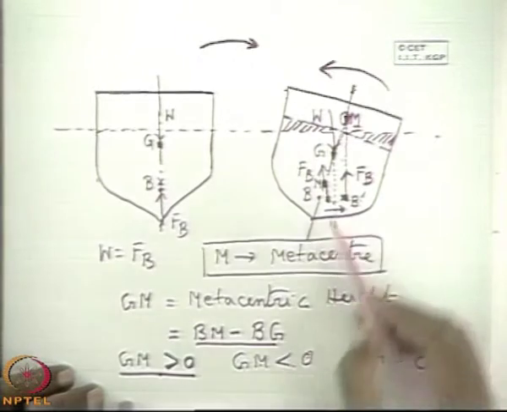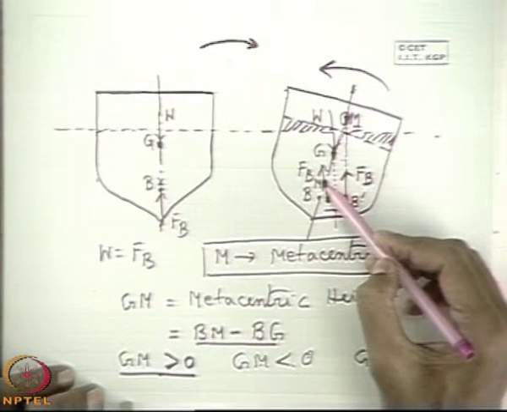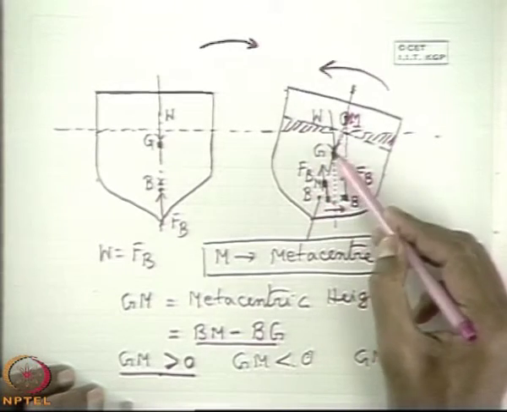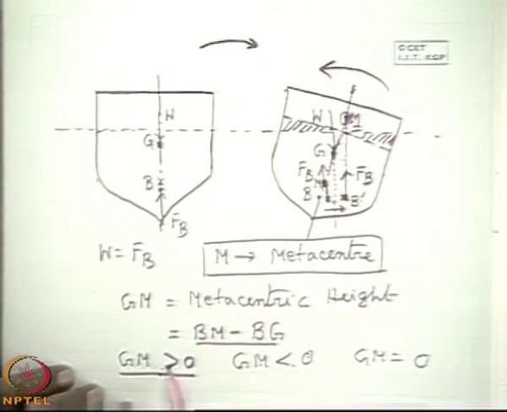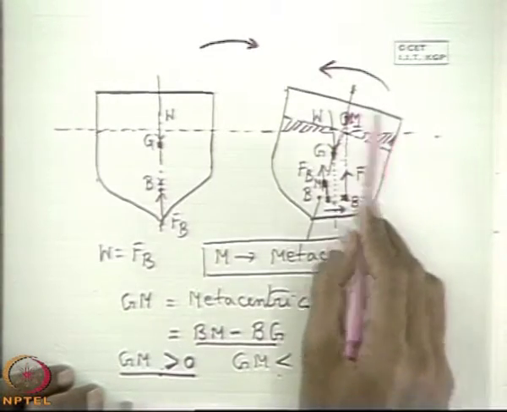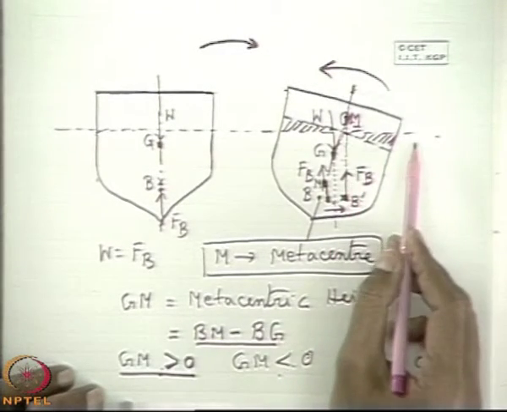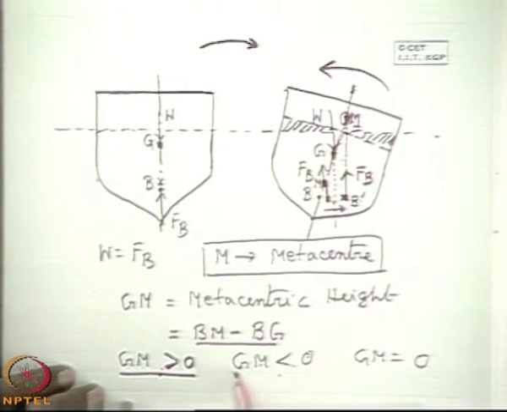When GM is less than 0, M is below G, and the body is in unstable equilibrium, that is, the couple created because of the tilt by the weight and the buoyancy force is an overturning one.